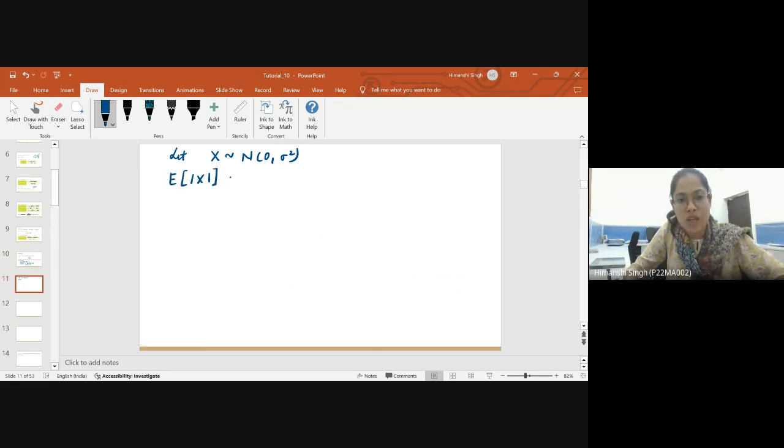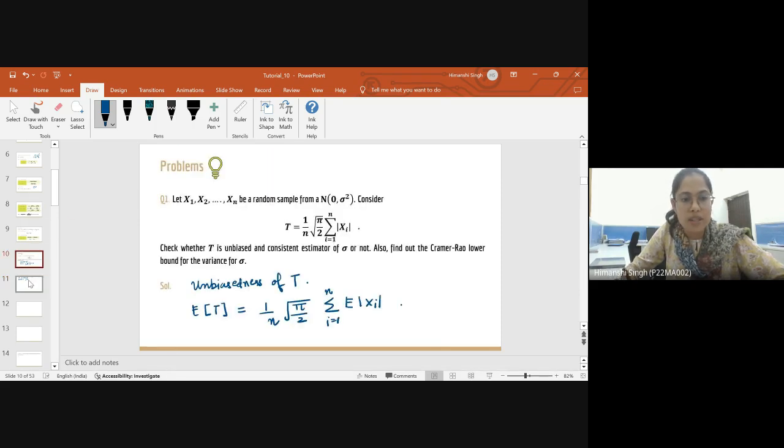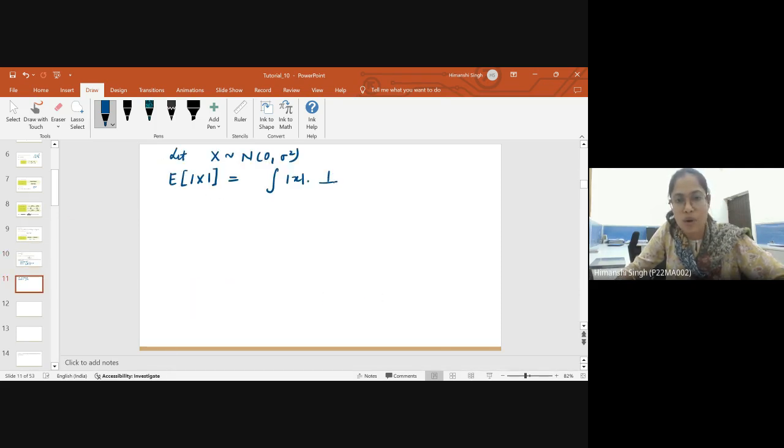It will be the integral of mod x into the density. The density of x is 1 upon under root 2 pi sigma square exponential of minus 1 by 2 x square by sigma square, because here mu is 0, dx, and x is going from minus infinity to infinity. So this will be the expression for the expected value of mod x.